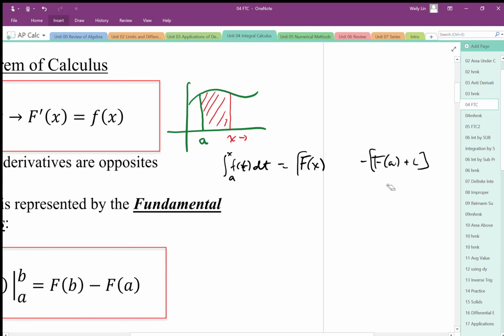So that's going to be our function here.